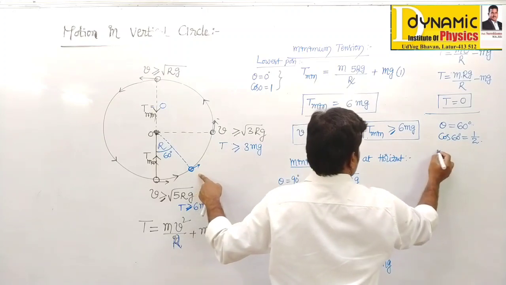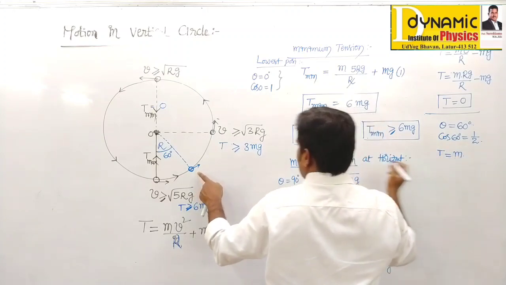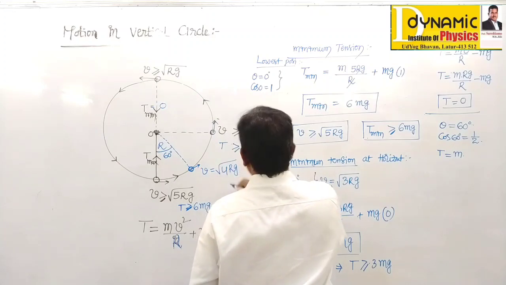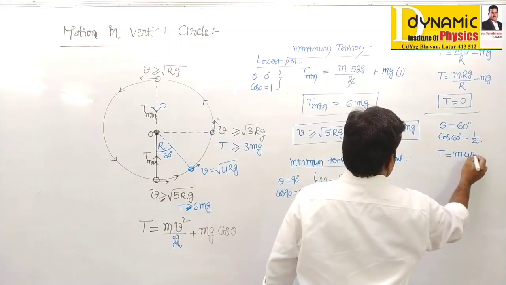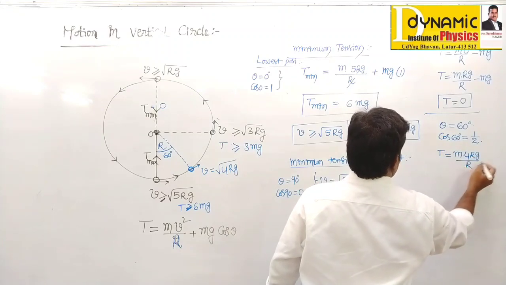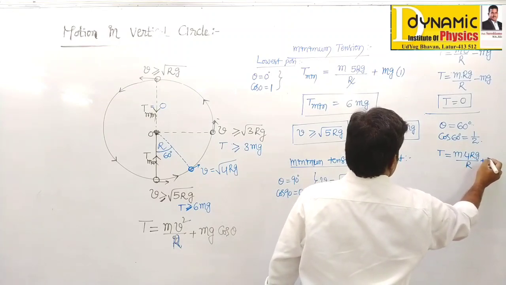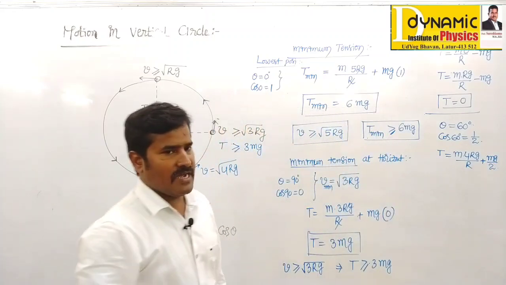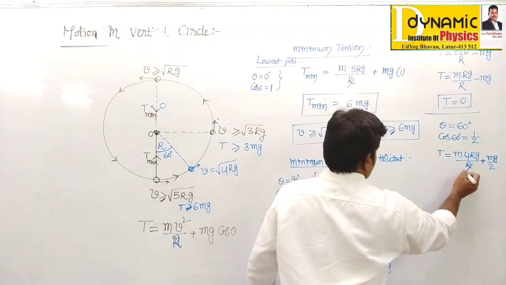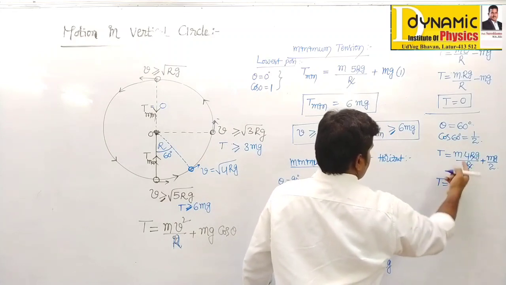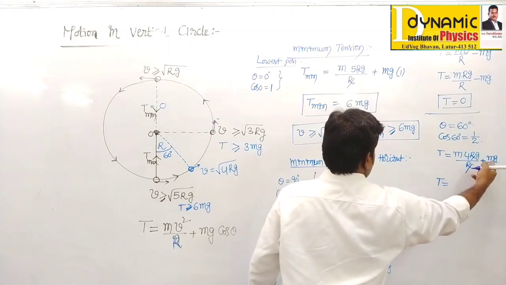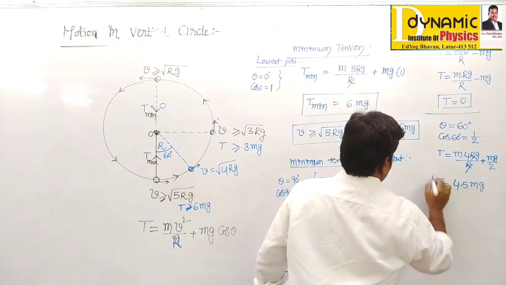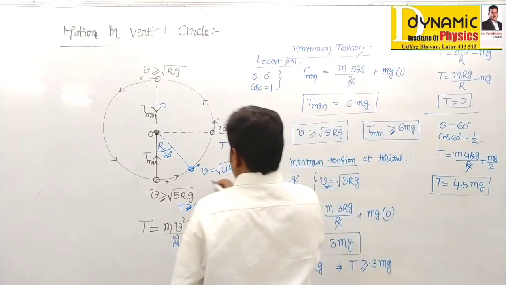In this case, the tension is m times the velocity, which is root 4 rg, so 4 rg upon r, plus mg cos theta. Cos 60 is 1 by 2. Then T equals 4 mg plus mg by 2, that means 4.5 mg. This is the tension, 4.5 mg.